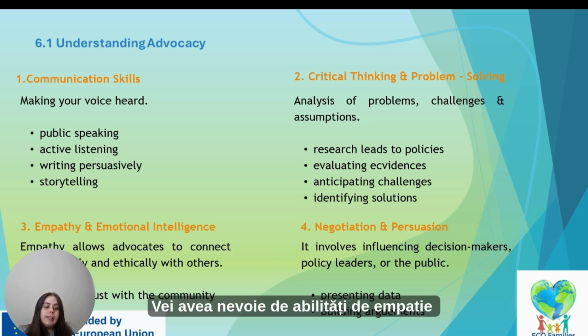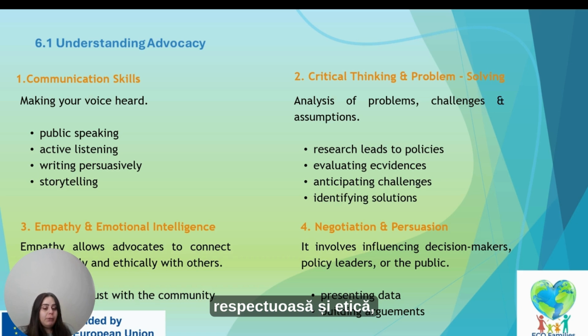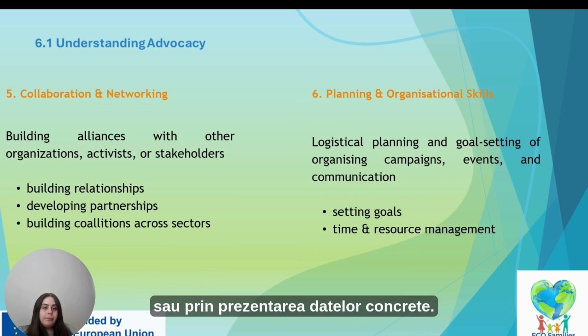Afterwards, you will need some empathy and emotional intelligence skills. By understanding others' experiences, you can build trust. Then, you will need negotiation and persuasion skills. These involve influencing decision makers, policy leaders, or the public by influencing others respectfully and ethically, or by presenting data.